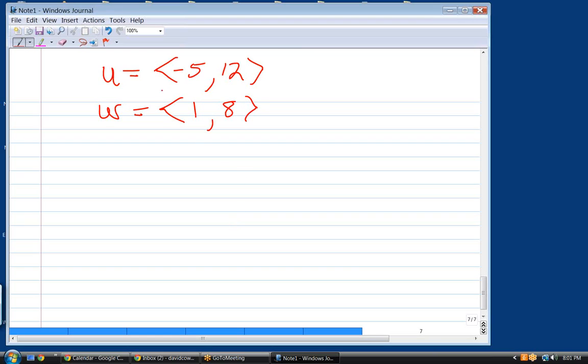What's the angle between the x-axis and U? The inverse tangent of 12 over -5. The fact that the denominator is negative means what? We have to add pi to this. Only add pi if x is less than 0.